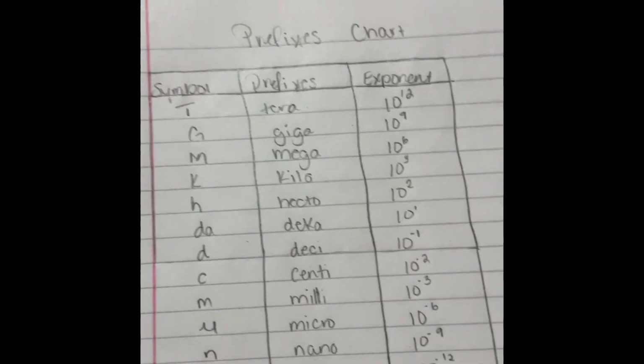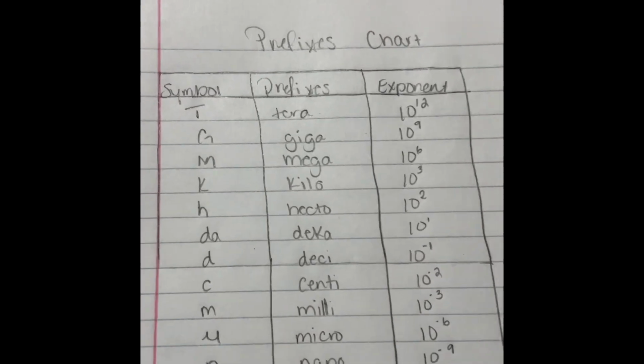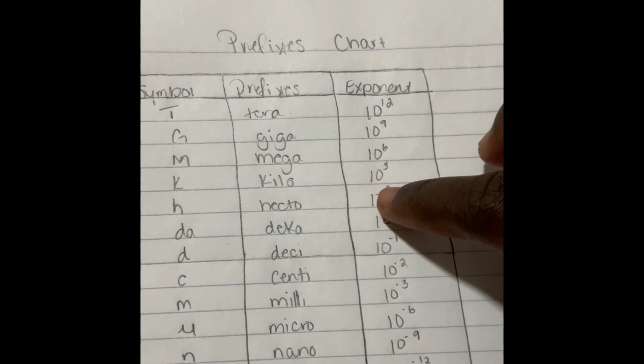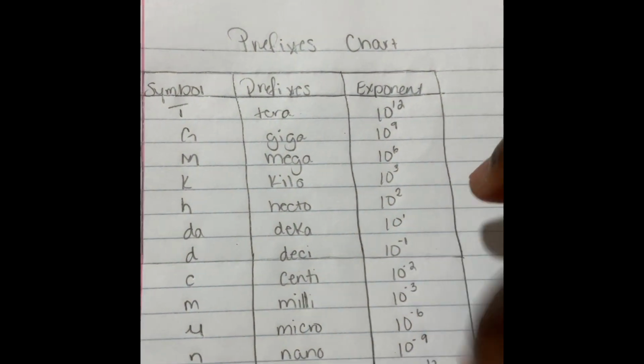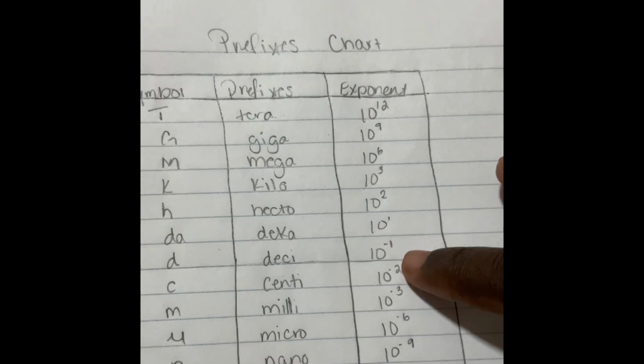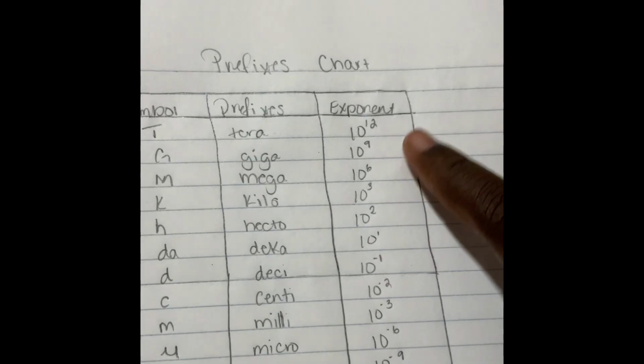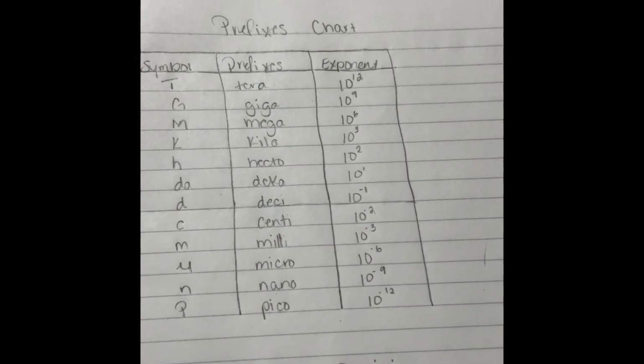Now, for the prefixes chart, there are 12 types of prefixes.